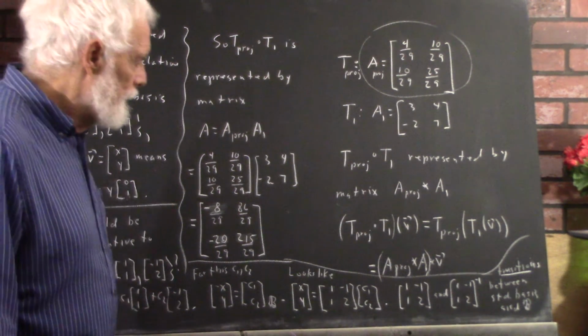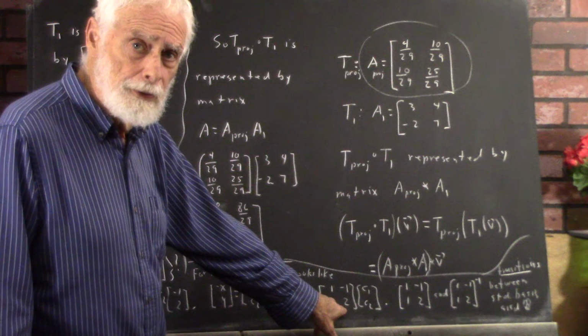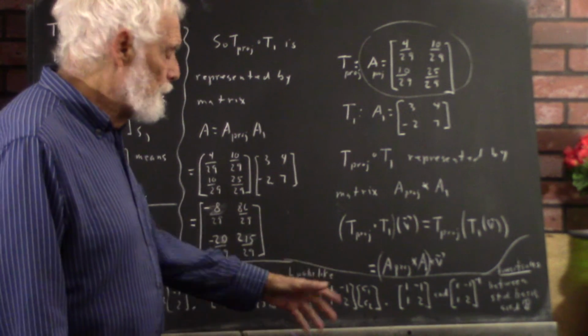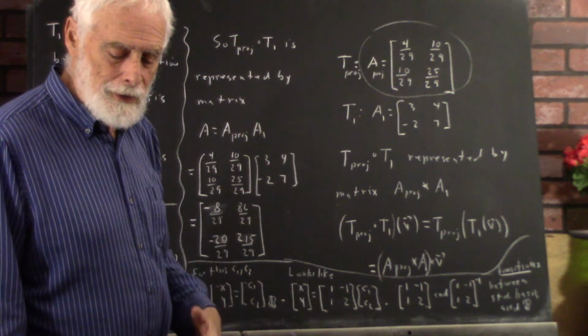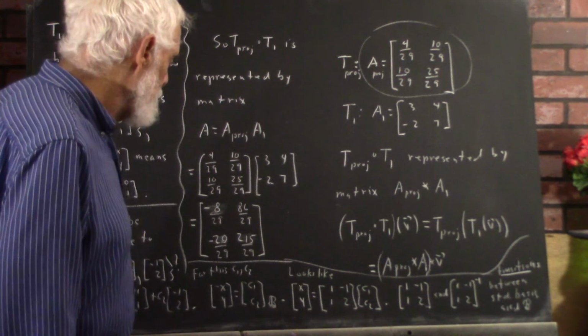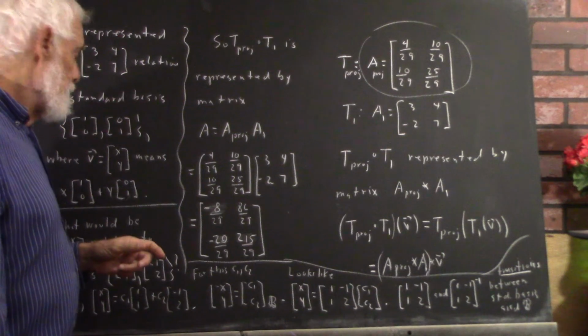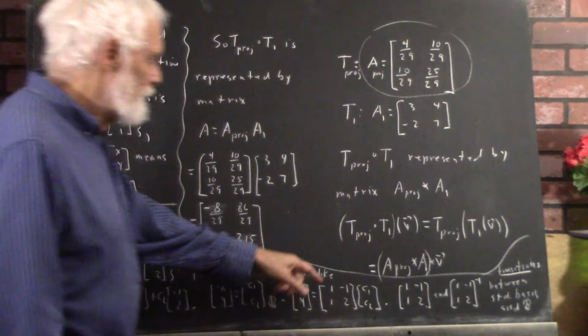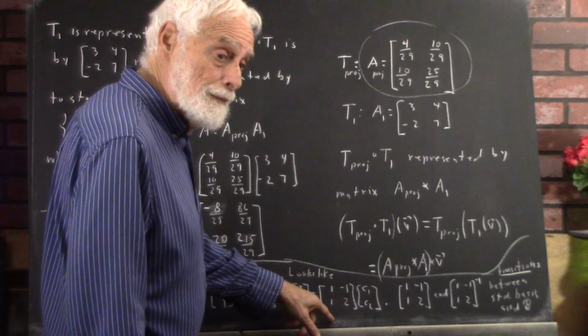It's easy to construct this matrix. The matrix between your standard basis and the basis B is just obtained by putting these two vectors into columns.